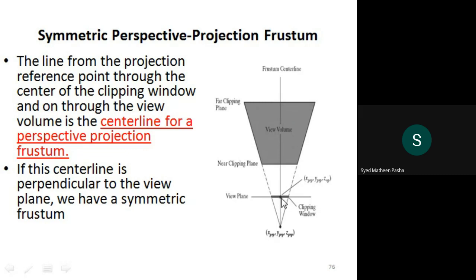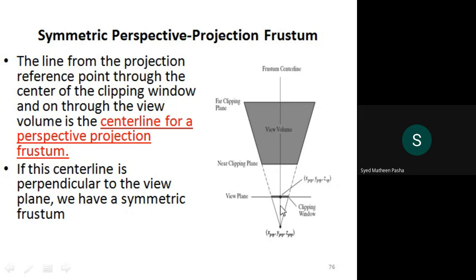If I consider this as a clipping window with respect to the clipping plane, the area which is being divided with respect to the frustum center line gives you the center of projection. So with the help of this center line, a clipping window can be performed with respect to the nearest area. If this center line is perpendicular to the view plane, we have a symmetric frustum. So this is how a symmetric frustum can be defined.